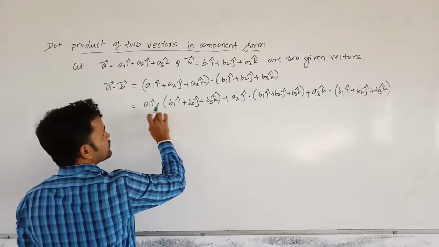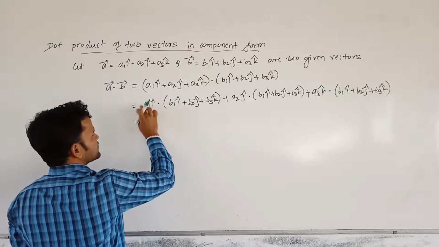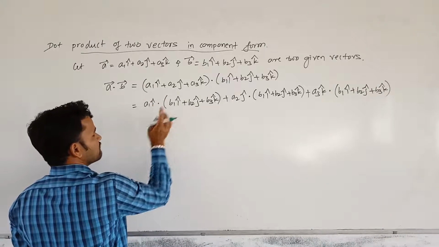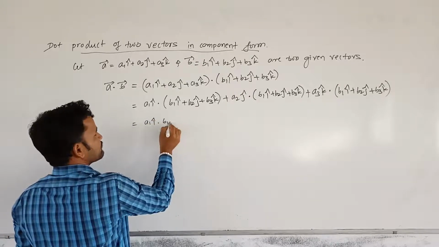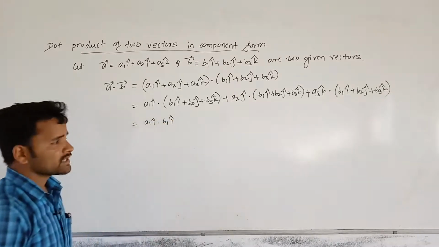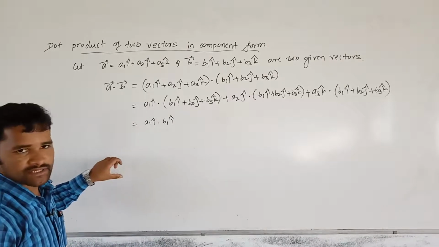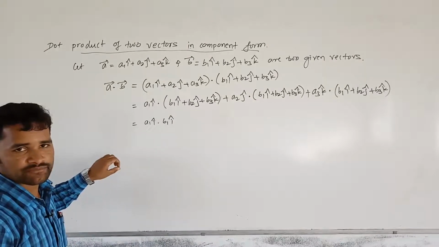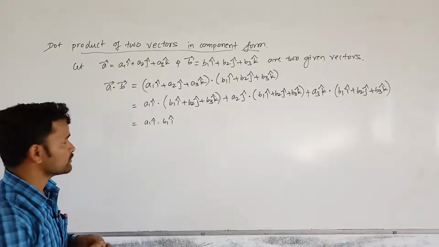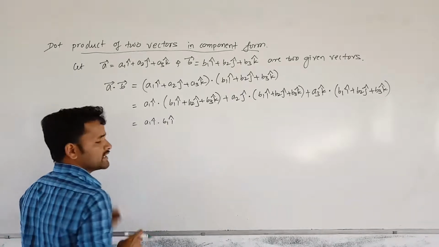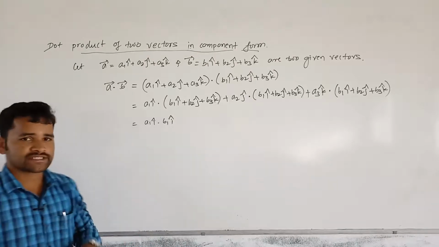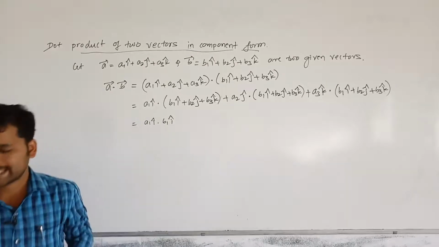Now, as the dot product is distributive, we take the dot product of A1i and B1i. What happens to this? As we studied in the properties of the dot product of two vectors, the scalar lambda can be taken out. In the same way, A1 and B1 are constants, they are scalars.